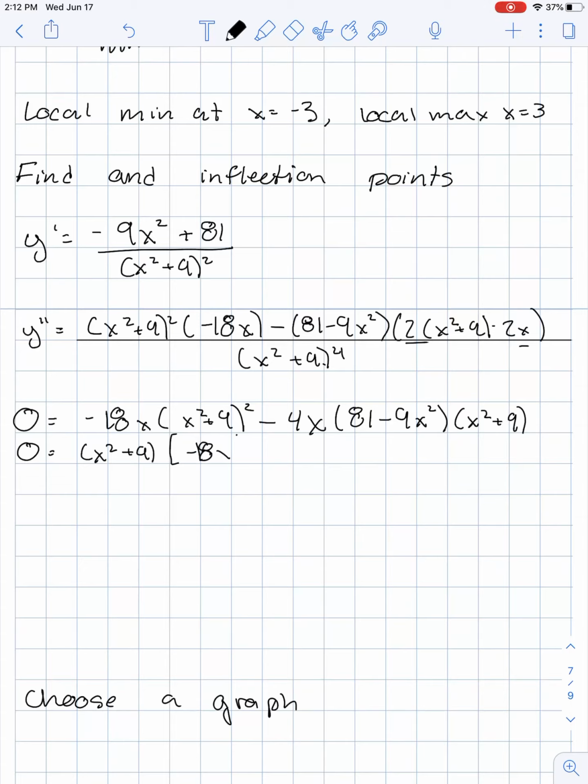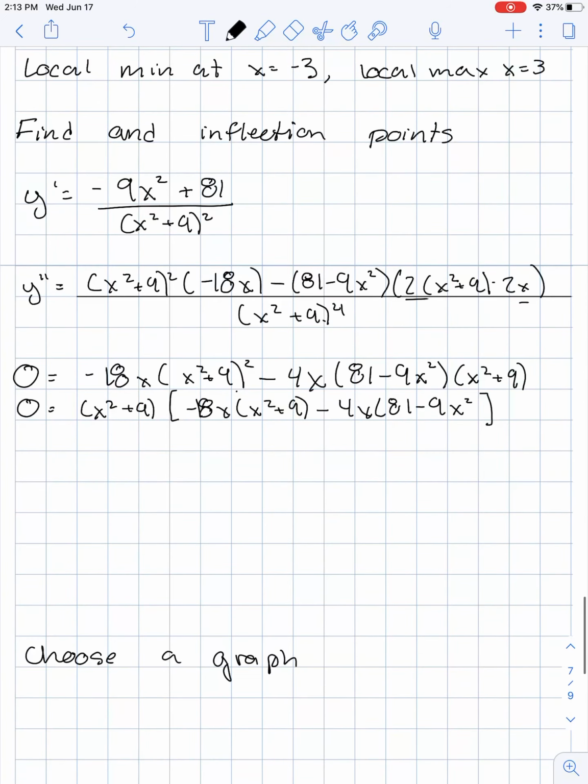So I'm going to have negative 18x, and that leaves an x squared plus 9 right there, minus 4x times 81 minus 9x squared. So nothing too bad right now. All right, so then I can divide that over. That can never give me 0 because we deal with real numbers. And then what are we going to do?